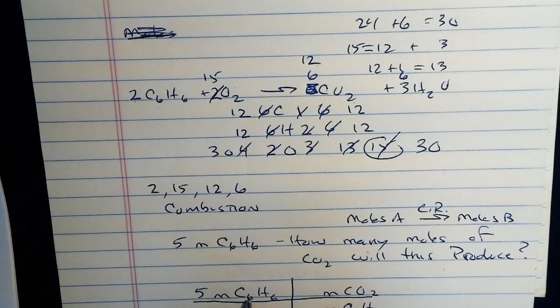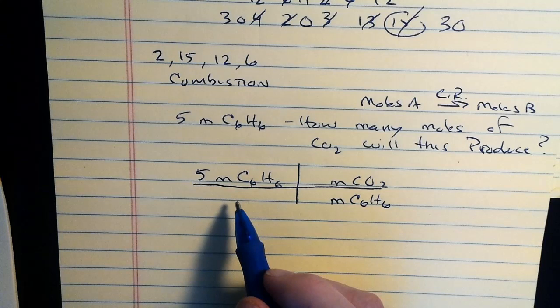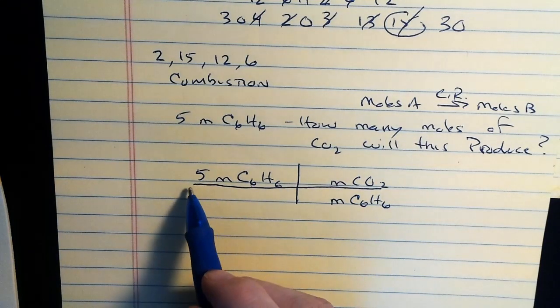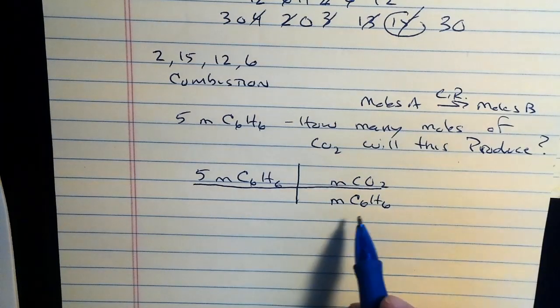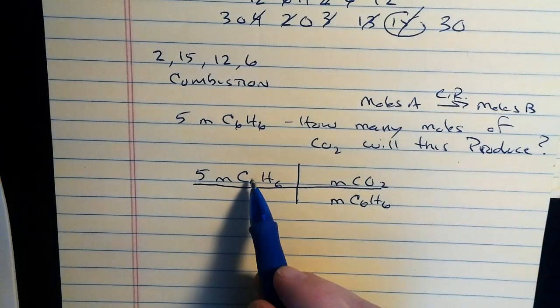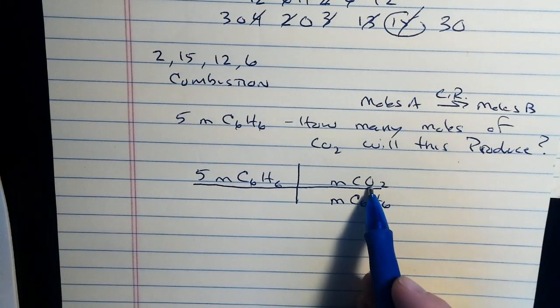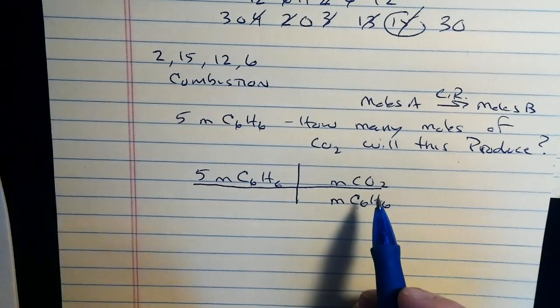Start with what you're given, put that same unit, whoops, I'm sorry. Let me go back then. We have 5 moles of C6H6, and we're going to put moles of C6H6 on the bottom, because that's the same unit as what's on top here, and we're going to moles of CO2, because that's what we're looking for.